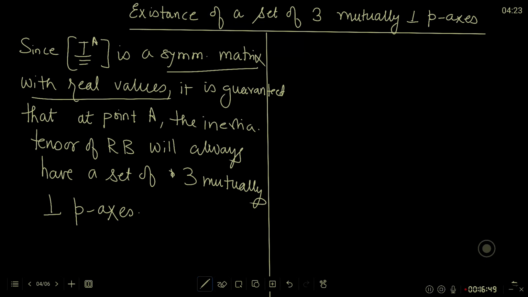Always have at least one set of three mutually perpendicular p axes. It may have even more, but at least one set of three mutually perpendicular p axes it will always have.